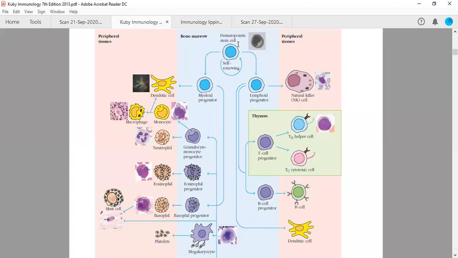So this is the hematopoietic stem mother cell, which is giving rise to all the cells. And each time when they are dividing, actually one myeloid progenitor cell will be synthesized. And if it is synthesized, each time the other cell which is formed after division is actually hematopoietic stem cell. So these cells are having self-renewing function.